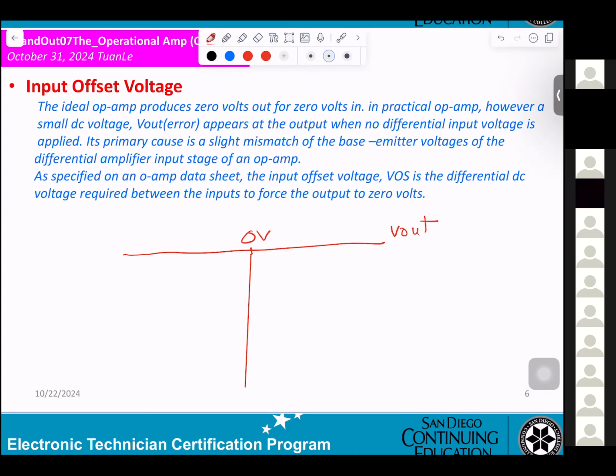And we know the output maximum is plus 15 volt, and the other one is minus 15 volt.